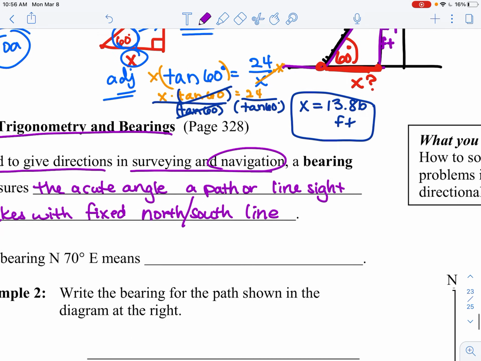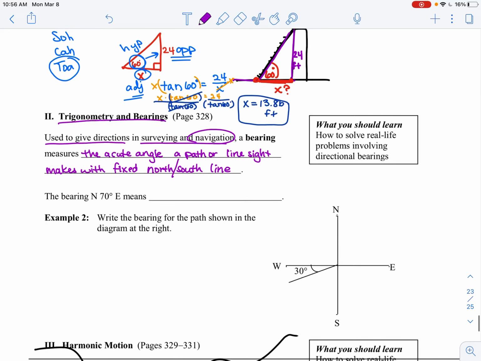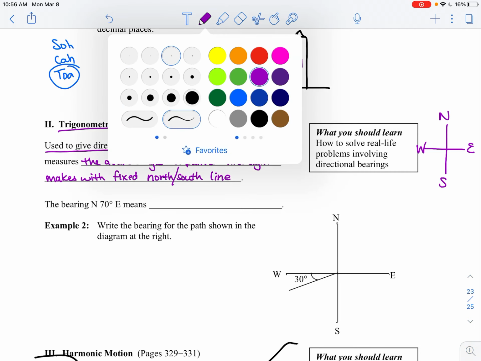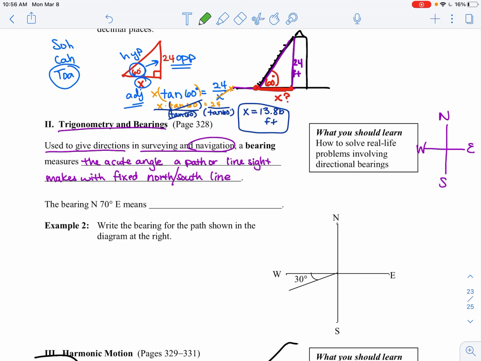So keep in mind, just like this compass, remember learning this in elementary school: never eat shredded wheat, or never eat soggy waffles. We use that as our compass, and it's always in reference to the north-south line.